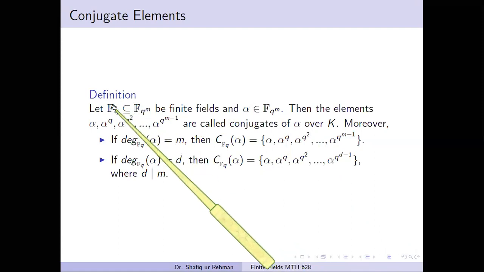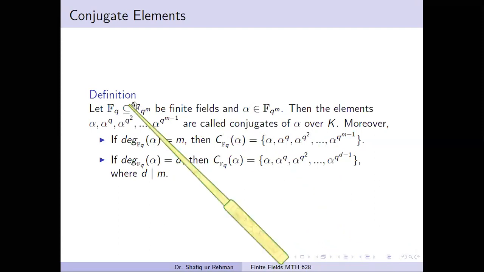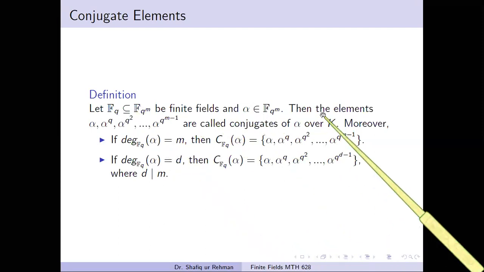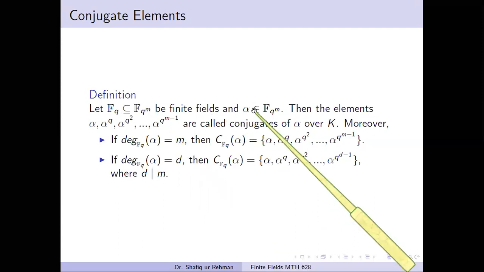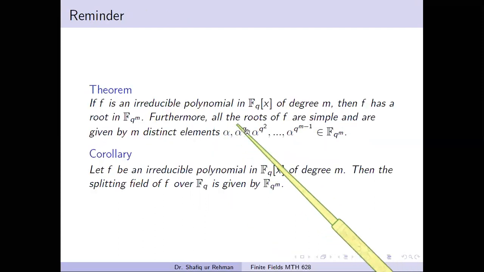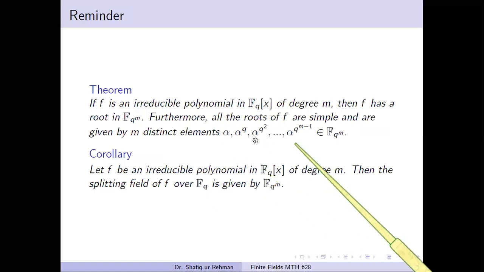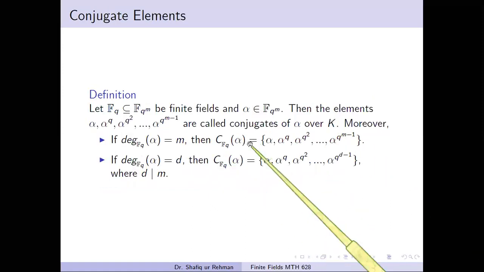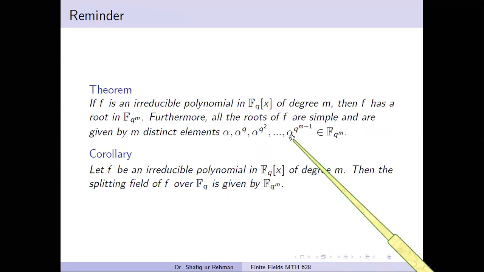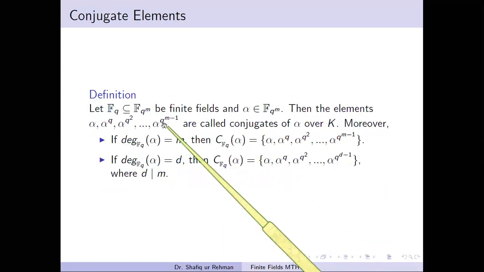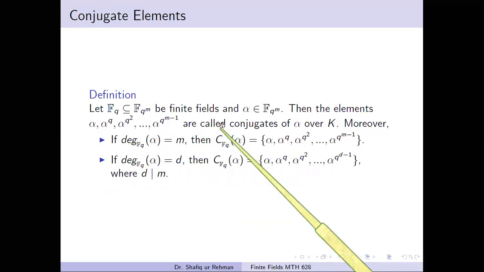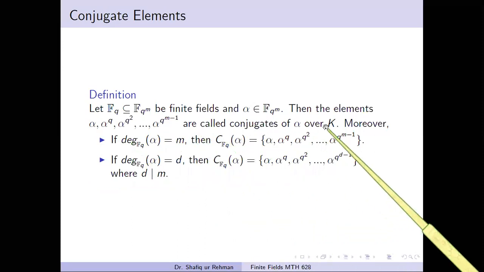All the elements are algebraic over Fq, so alpha has some minimal polynomial. So alpha is one root of that minimal polynomial. Then by this theorem, the other roots will be given by these powers. And by definition, these roots will be the conjugates of alpha. Then the elements, this, which are the roots of the same minimal polynomial, are conjugates of alpha over K.